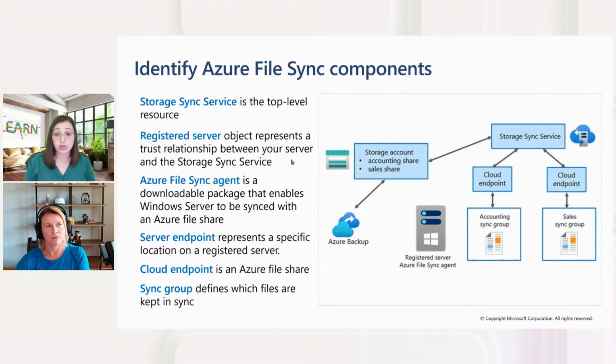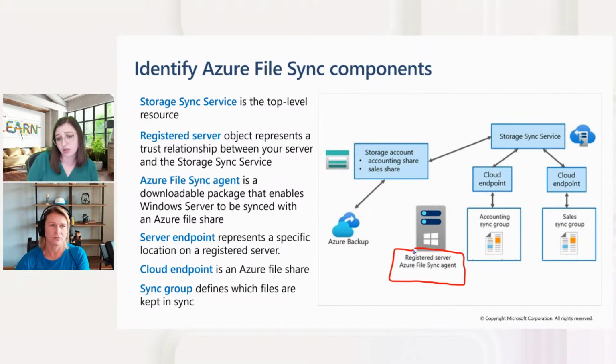Both of them need to exist in the same location, in the same region on top of Azure. And the file share is called a cloud endpoint. The storage sync service will hold all the synchronization settings for all of my registered servers. These are all of the servers that I installed the Azure File Sync agent on, just to configure the relationship into the sync service and into Azure.